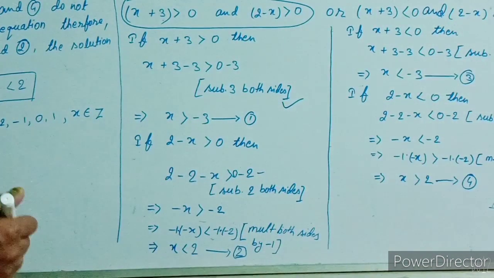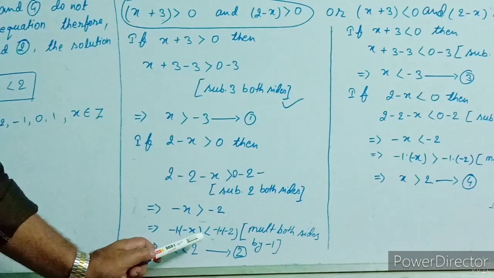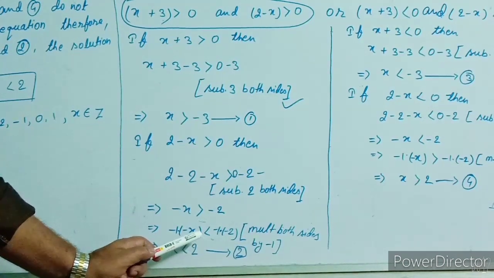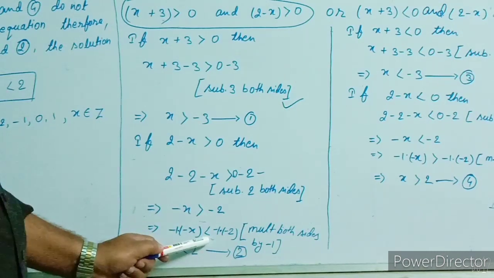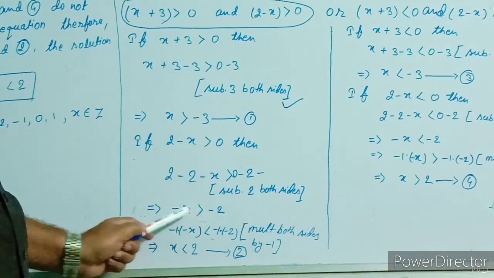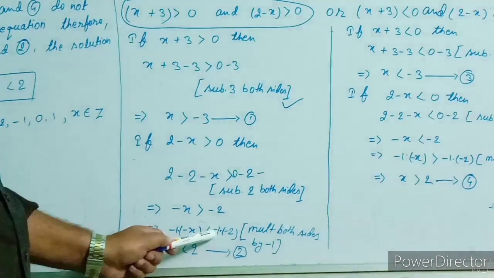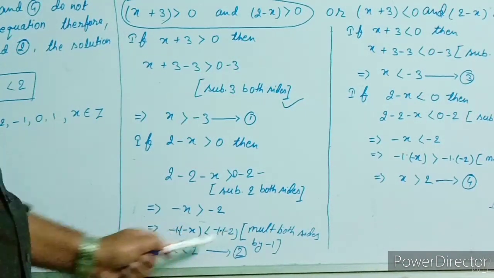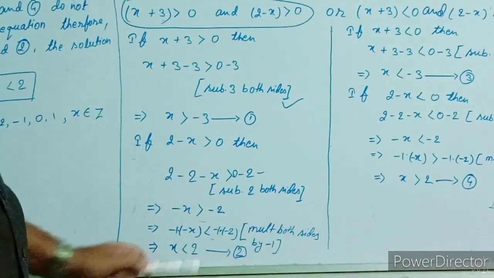And one thing: when you multiply both sides by a minus, or divide both sides by a minus, the symbol will be opposite. I changed this symbol; here was greater than, I made it smaller than, and that is followed here. Here also minus into minus is plus 1 into 2. So this became x is smaller than 2.